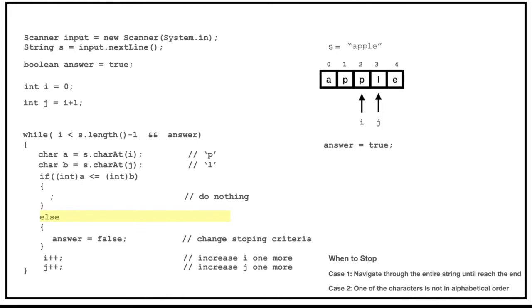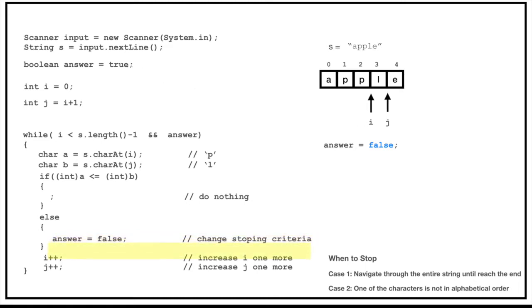That's where we're going to visit the else, and I want you to pay attention to what is going to happen here. Inside of the else, we're going to flip the value of answer. In the past it was true, now we're going to change it to false. And this is critical, guys, because once we change this value to false, this is what's going to happen.